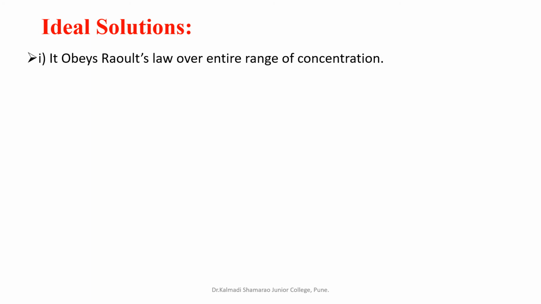Since till now we have studied Raoult's law, now it's important to know to which type of solution Raoult's law is applicable. So let us study ideal and non-ideal solutions. First, ideal solutions. Ideal solutions are those which obey Raoult's law over the entire range of concentration.